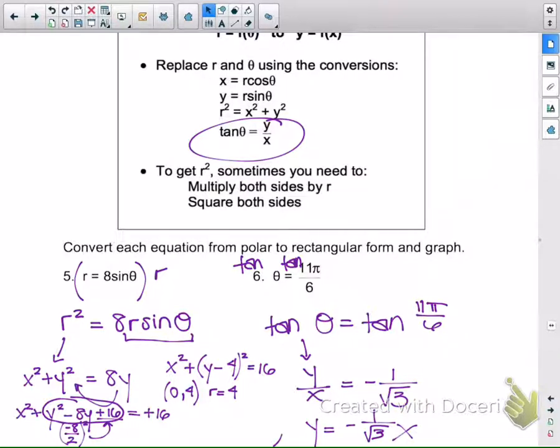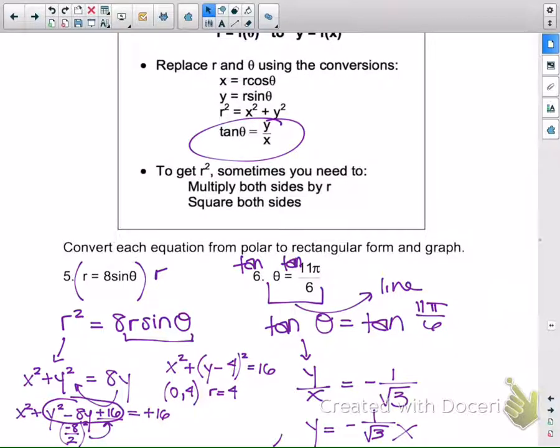If I graphed it, that's just a line with a weird slope, but it's just a line. So if you ever have theta equals an angle in polar, those are really easy to graph because they're just the line along that angle, whatever it is. So you'd find 11 pi over 6 and graph that line. That's it.